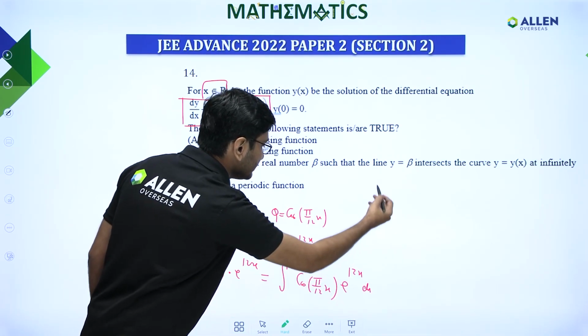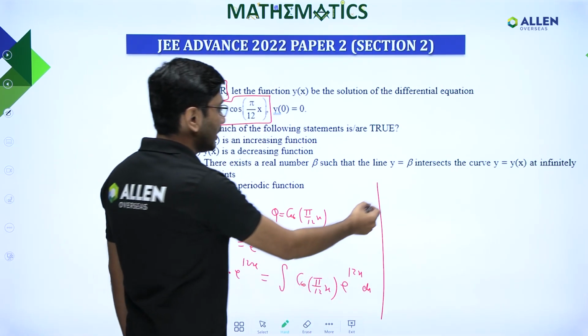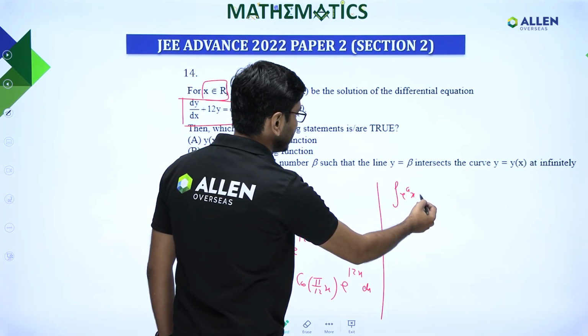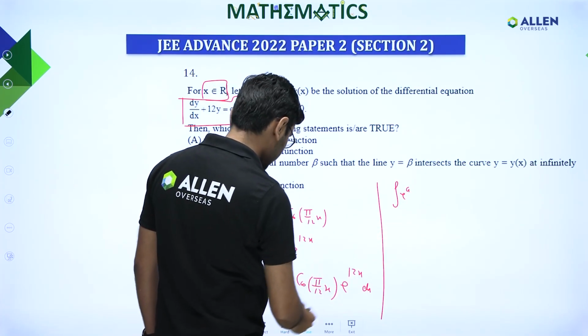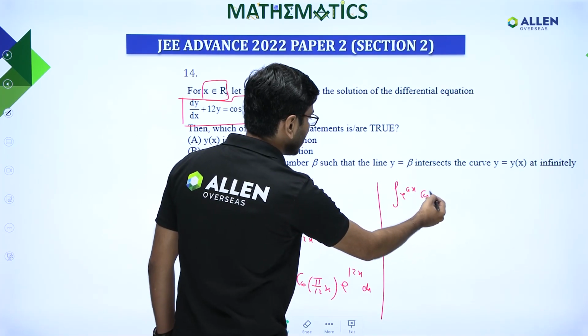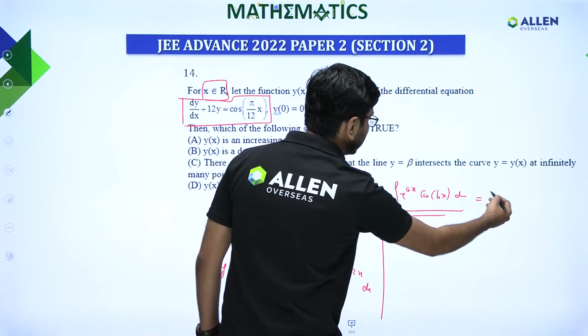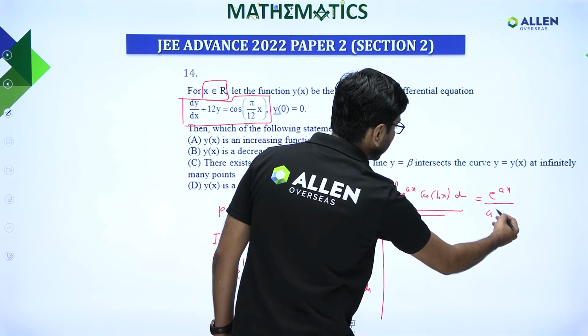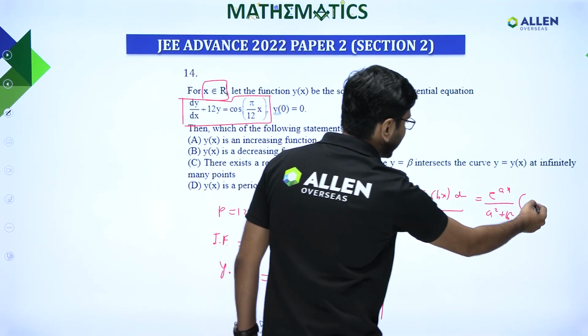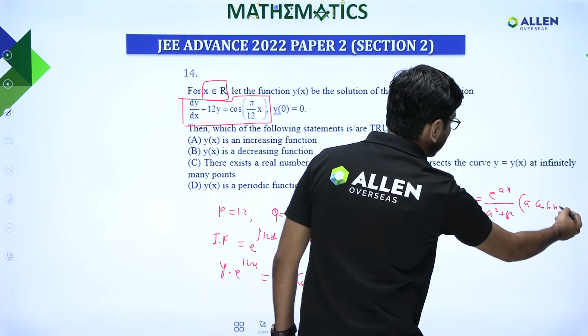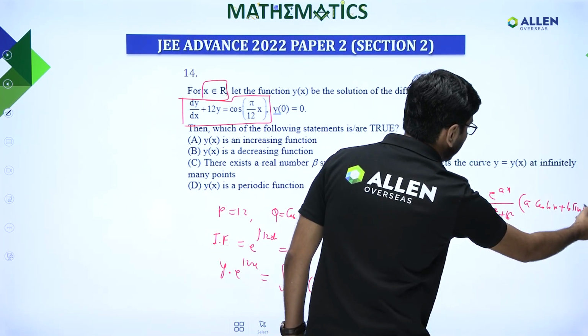Now, you can use the formula for the integral of e raised to ax into cos of bx plus c to solve this integral, and that is e raised to ax by a square plus b square, and in brackets we have a cos of bx plus b sin of bx.